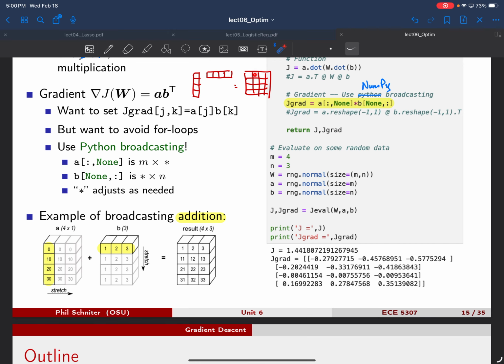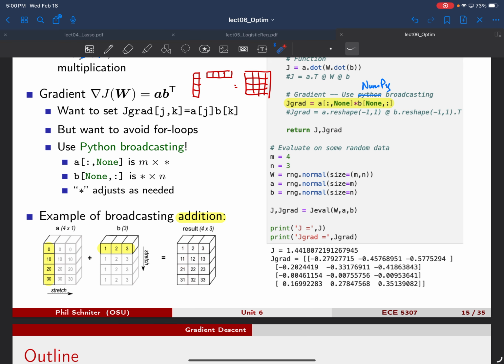To get the next one, it's going to be this times this, and so on. So this is filled with all combinations of the multiplies in A and B. So it's basically this idea, except there's a multiplication here, and of course these values would change. So is it clear what we're doing? We're trying to do this.